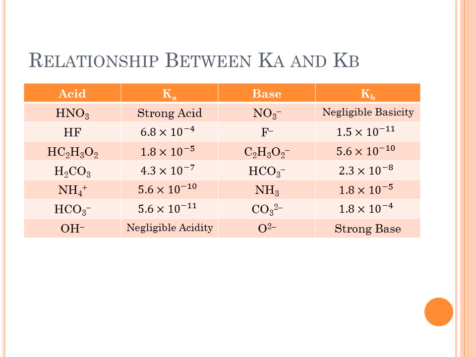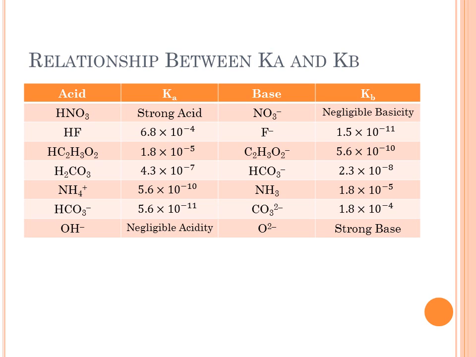And then you can see HF, hydrofluoric, acetic, carbonic, the ammonium ion, bicarbonate, and then down to hydroxide. You can see that those acids get progressively weaker because of a decreasing value for Ka down to hydroxide, which is really a base, so it doesn't really have any acidity to speak of.